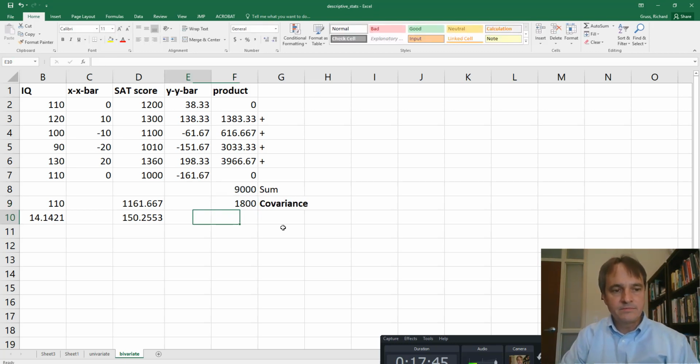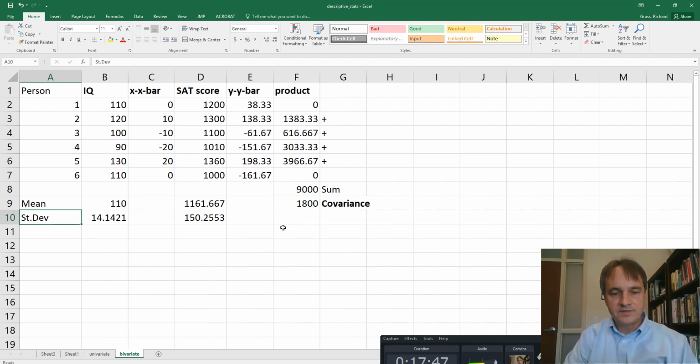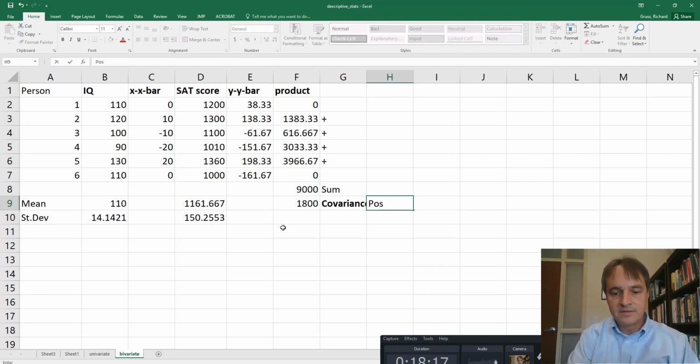So now we have a number, 1,800, that gives us some measure of the strength of the linear relationship between these two. One thing to notice is that it's positive. That means when IQ goes higher, SAT score tends to go higher, and when IQ goes lower, SAT score also goes lower. Positive means same direction.